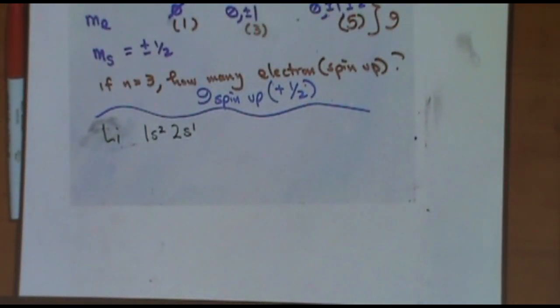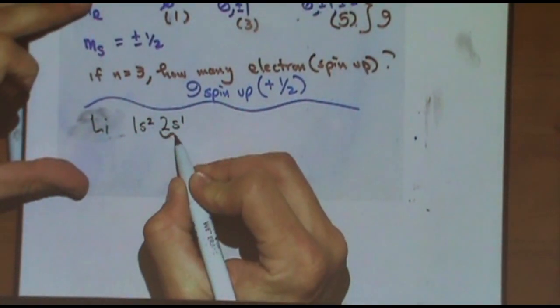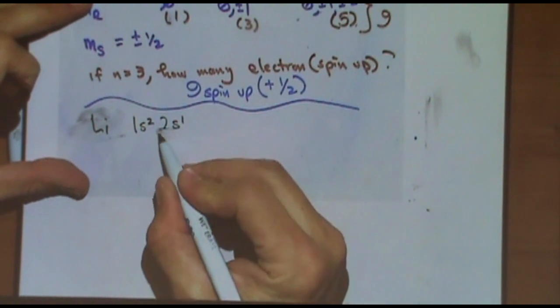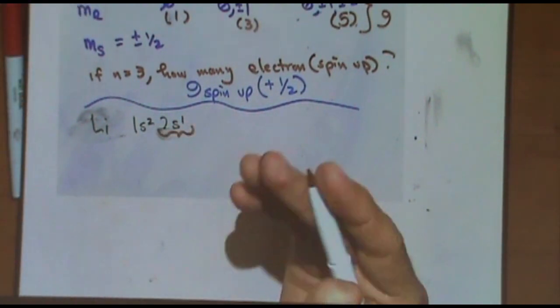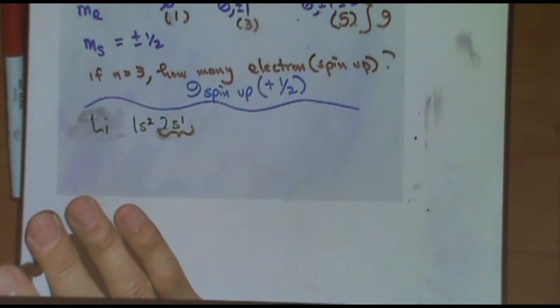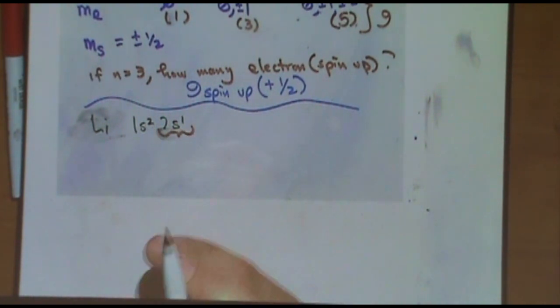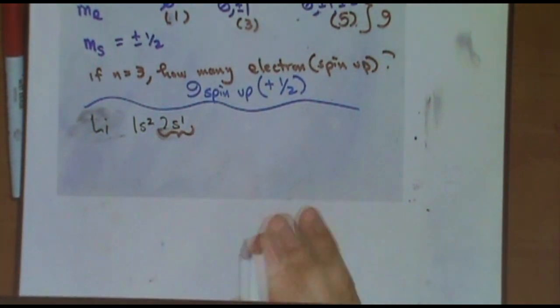So a possible question here is to take this. We could take any electron here. How many total electrons would be here, by the way? 3. You would just count the superscripts, 2 here and 1 there, total of 3 electrons in lithium.